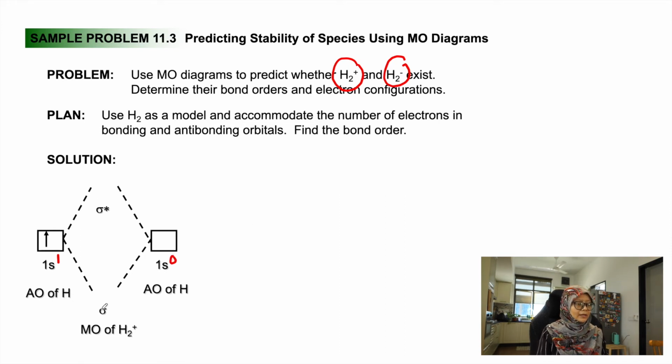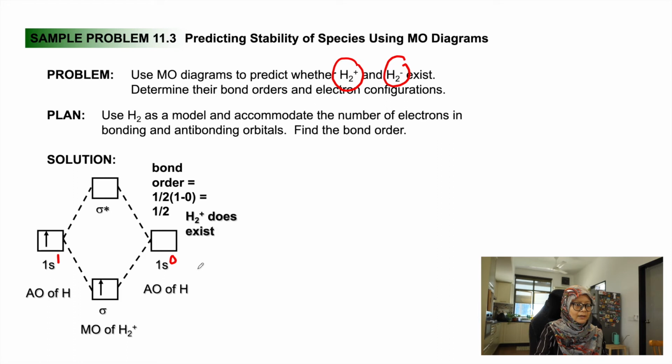Then we have the sigma and sigma star, with only 1 electron in this sigma 1s. So the bond order becomes 0.5, and it does exist for this compound.